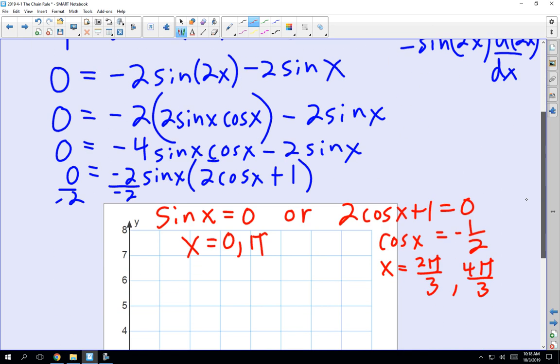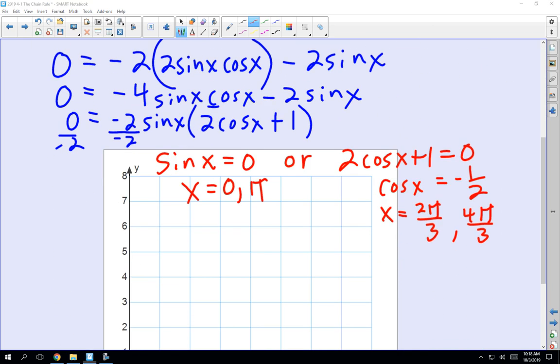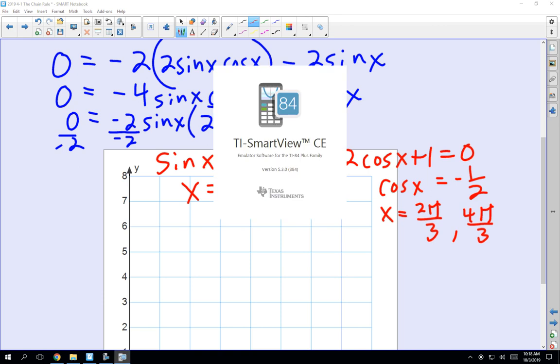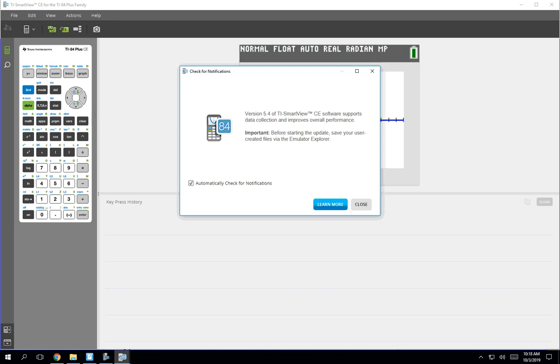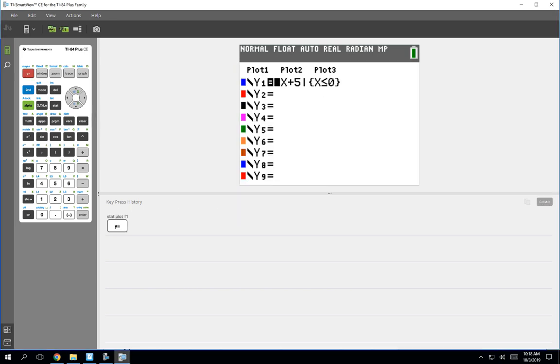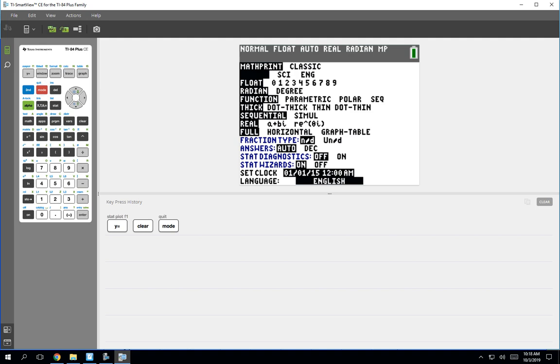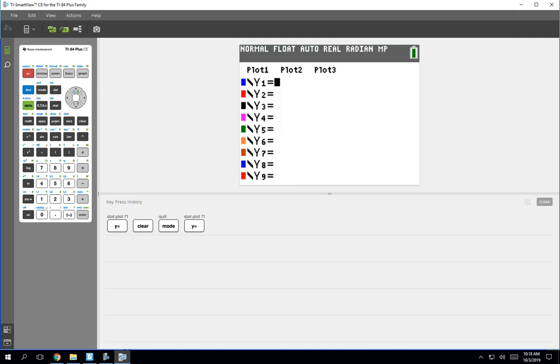Cosine 2x plus 2 cosine x. Make sure you're in radian mode.